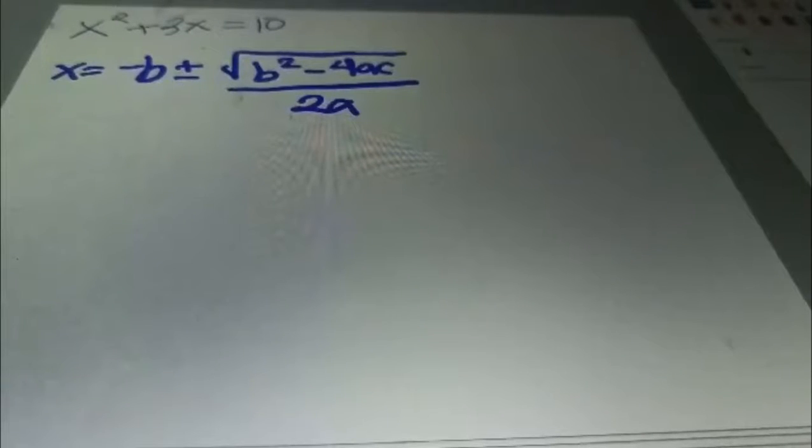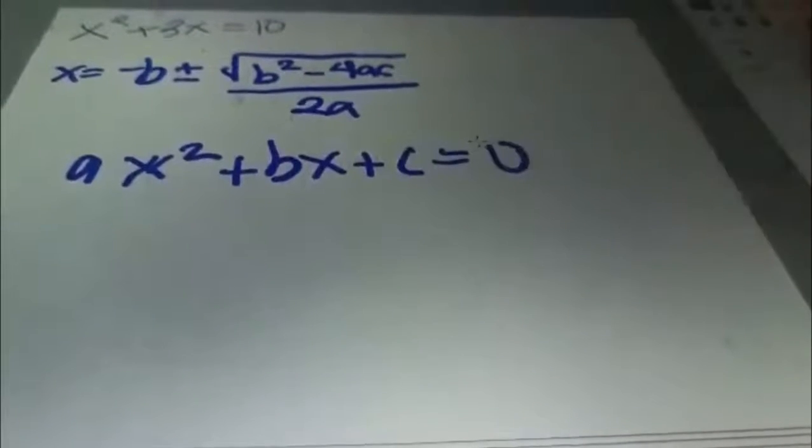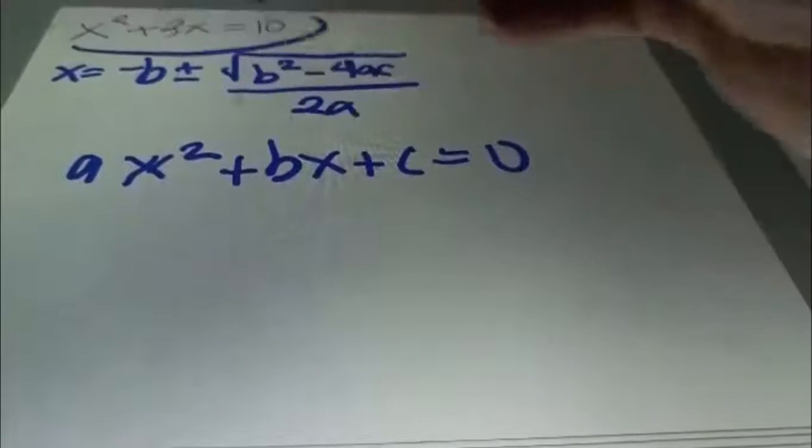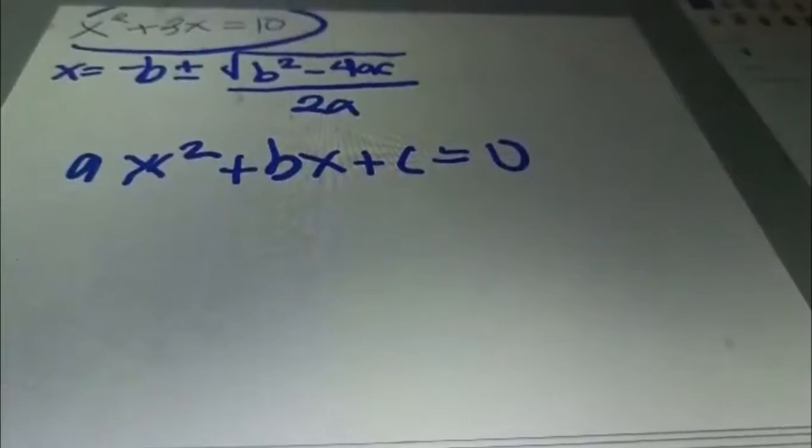So, now what we are going to do is alamin natin kung naka-standard form na ba yung quadratic equation. Ang standard form ng quadratic equation ay ax squared plus bx plus c is equal to 0. Meaning na yung quadratic equation natin dito is not yet in standard form.